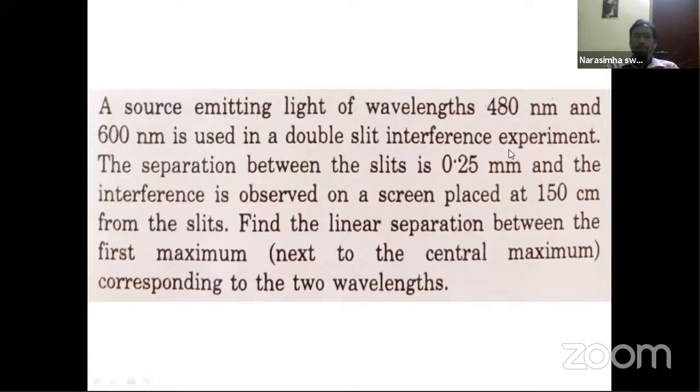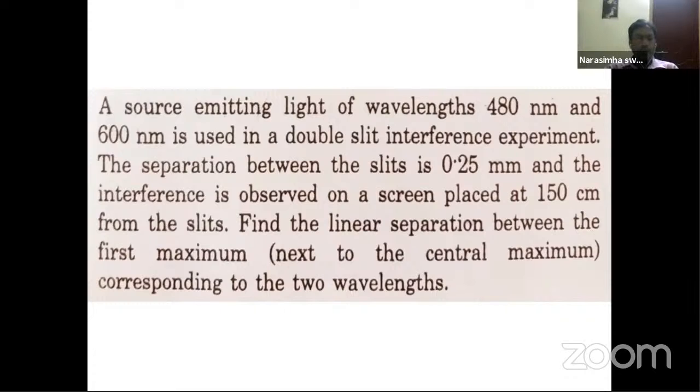A source emitting light of wavelengths 480 nanometers and 600 nanometers is used in a double slit interference experiment.